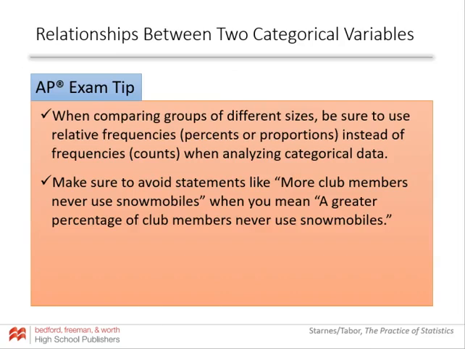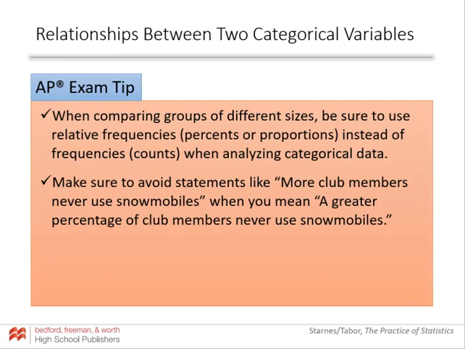Things that we want to make sure we do or avoid. We want to make sure we use relative frequencies, so percents or proportions instead of counts, just because it makes it easier to compare. And we also want to make sure that anything we're writing in our answer includes those percentages, instead of saying something like "more club members never use snowmobiles."